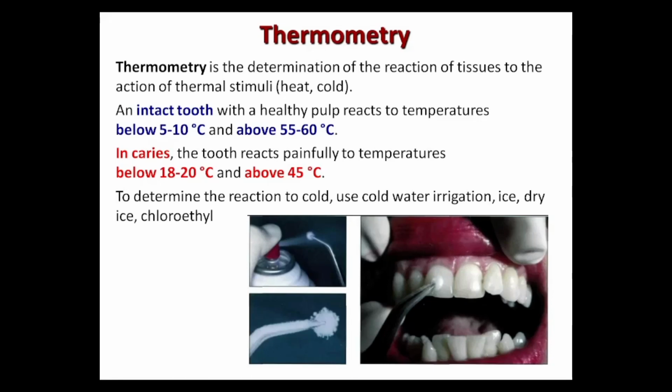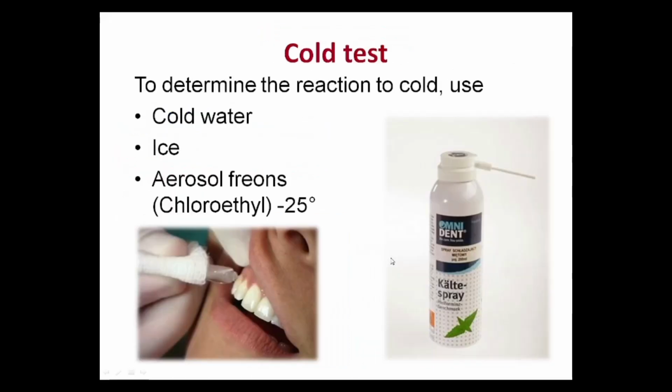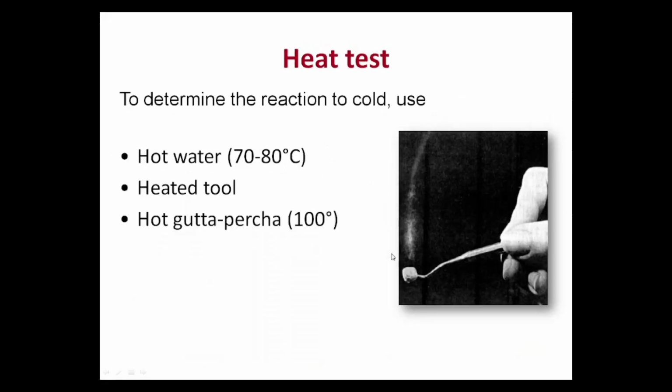So to determine the reaction to cold, we use cold water irrigation, ice, dry ice, chlorophyll. And to provide cold test, for example, cold water, ice, aerosol, freons, you can see the cold test.